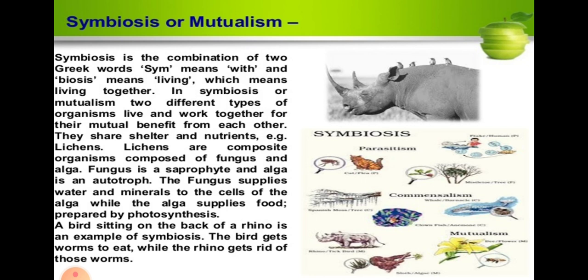The living together of two different species of plants, as if they are parts of the same plant, helping each other in obtaining food, is called symbiosis, and such plants are known as symbiotic plants. This type of nutrition is seen in plants called lichens.